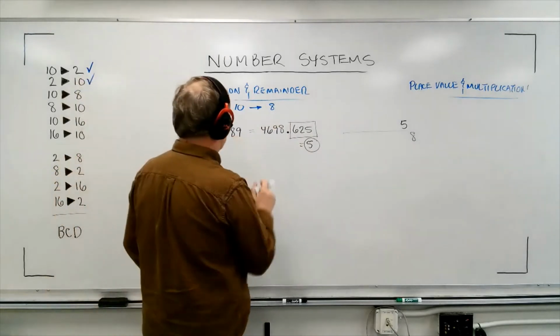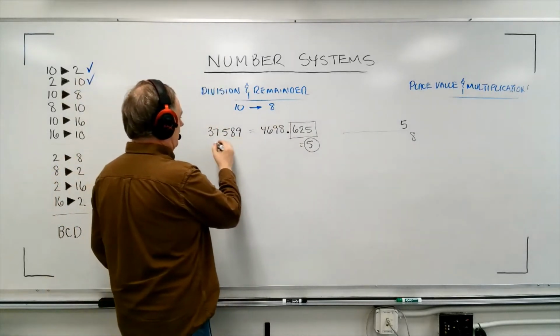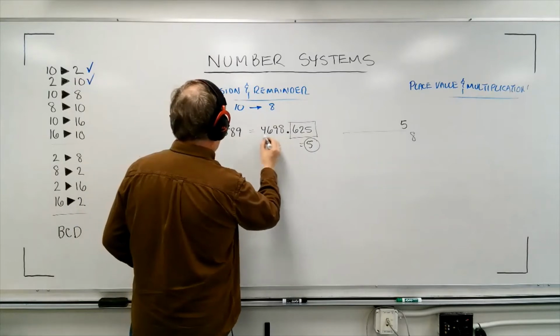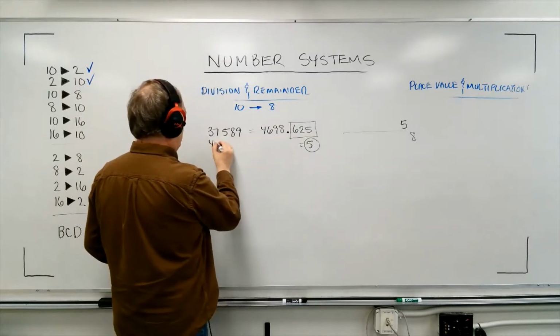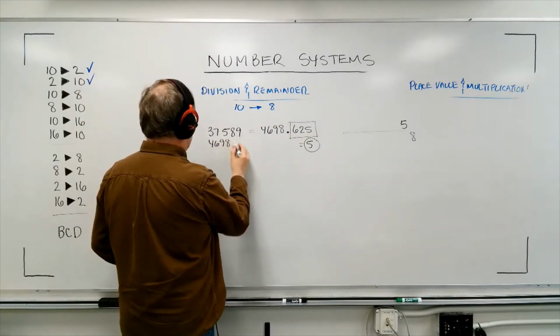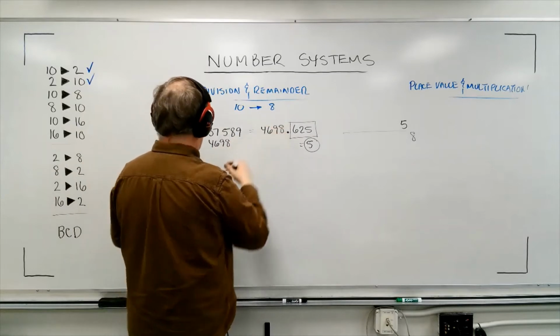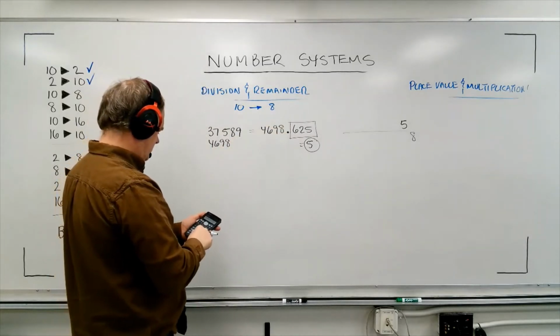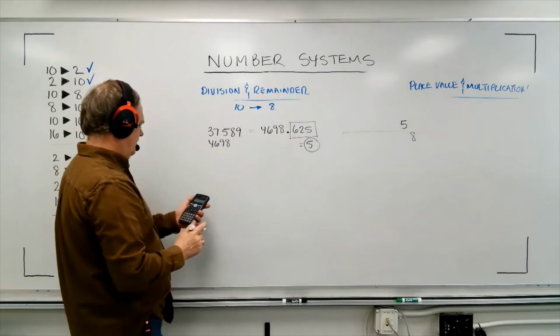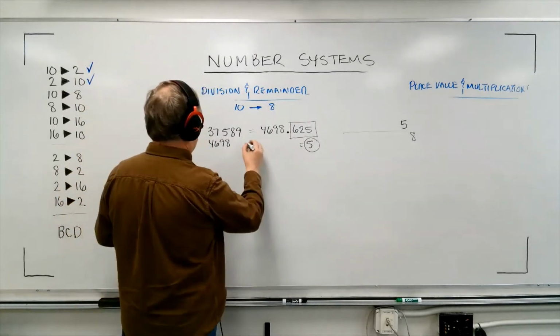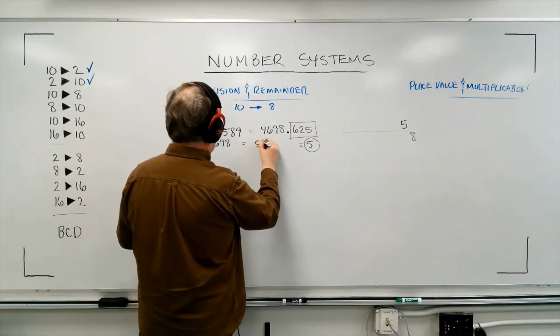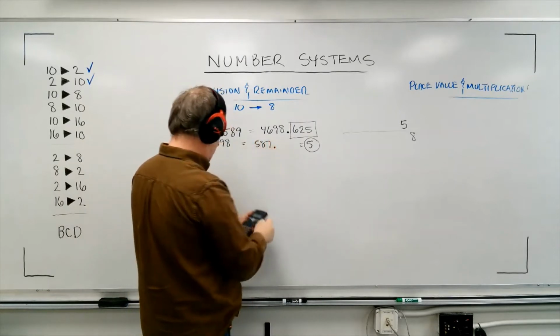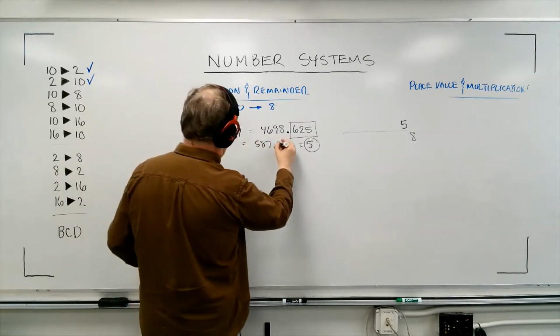Now, let's see where we go from here. We're going to take this 4,698, and we're going to divide it by 8. 4,698 divided by 8 equals 587.25.